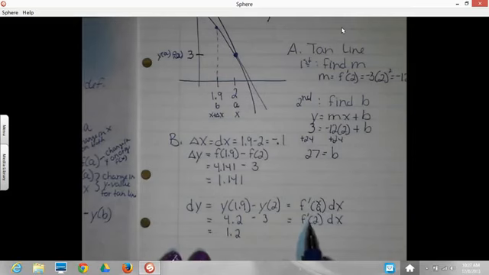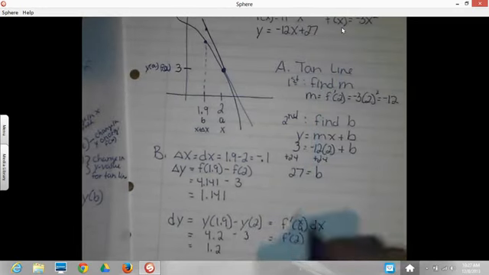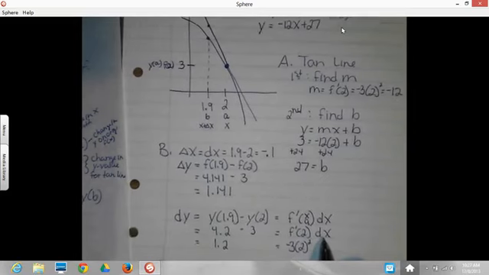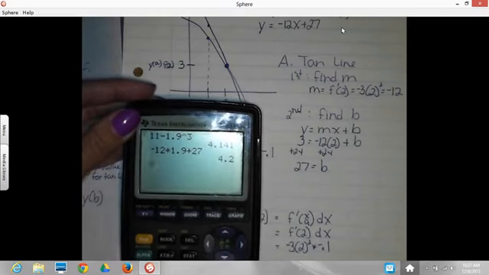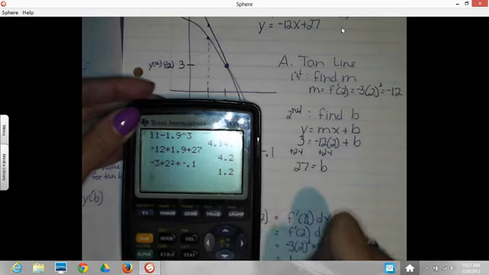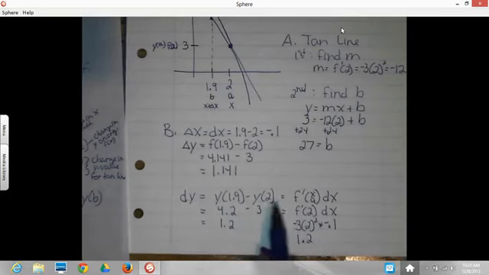The derivative equation we found, remember I told you to write all of them down, negative 3x squared. So I'll plug 2 into that, negative 3 times 2 squared, and the dx, we found in our very first part here. Dx is a negative 0.1. And hopefully negative 3 times 2 squared times a negative 0.1 gives 1.2. I think the whole point of this section was to show this little shortcut here, so that we could avoid all of this work here.